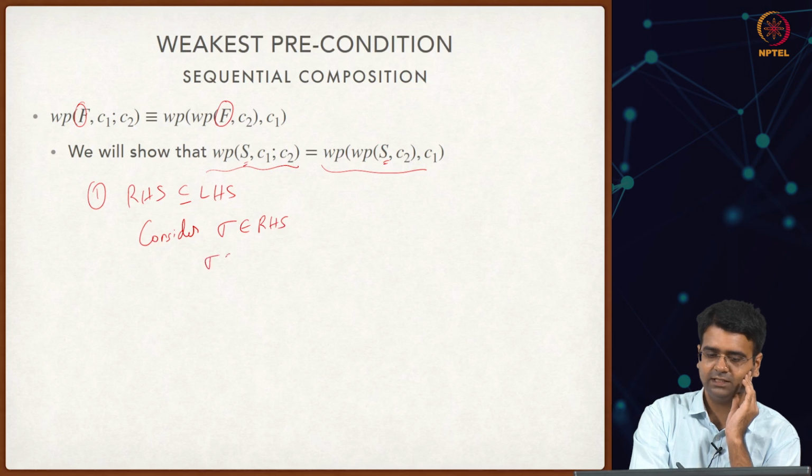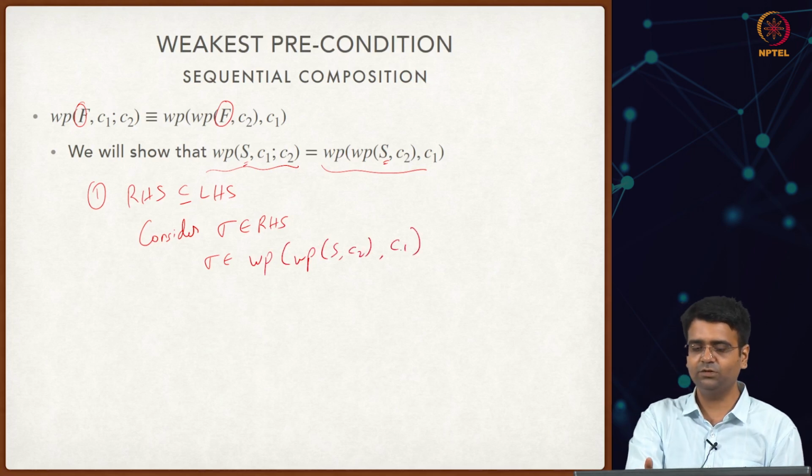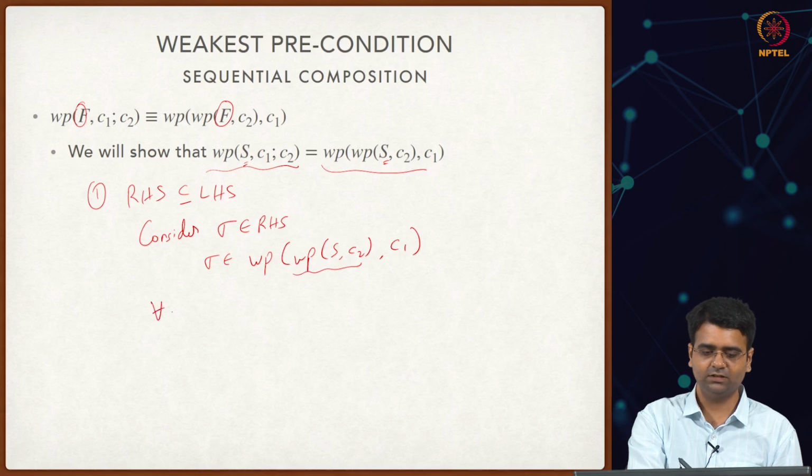That means that sigma is in this particular set, WP S comma C2 comma C1. Now let's use the definition of weakest precondition. The definition says that if sigma is in this particular weakest precondition, then on every execution of C1 on sigma, you are guaranteed to be in a state here. That's just the definition.